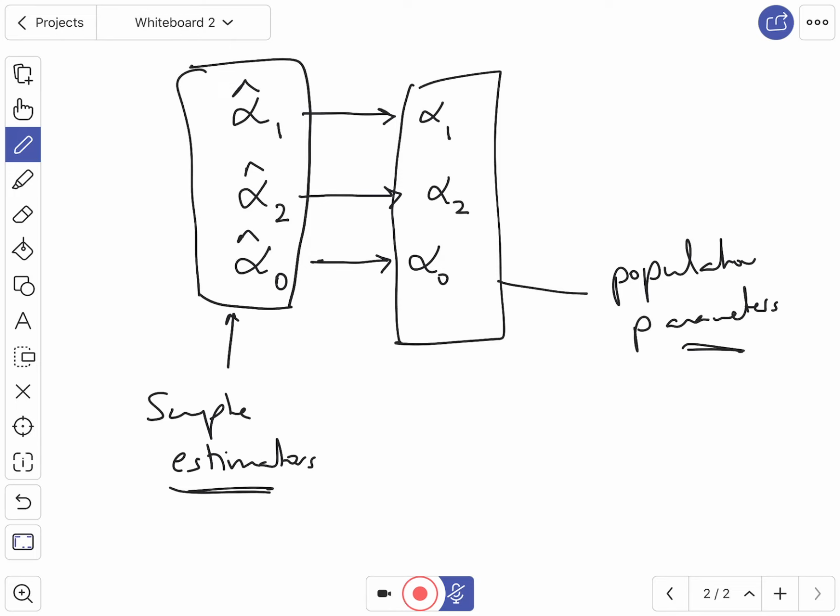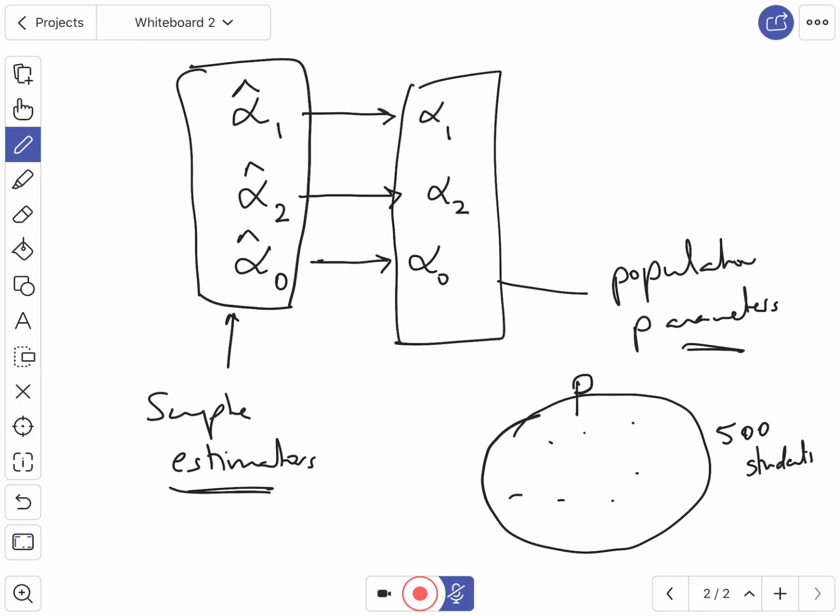Let's say you were looking at students graduated from Rutgers, Camden with a degree in economics, and this big population of students, let's assume over the last, for example, 10 years, maybe, I'm just saying a number, 500 students. So I have 500 students, so my population, I'm going to call it P, is 500 students.